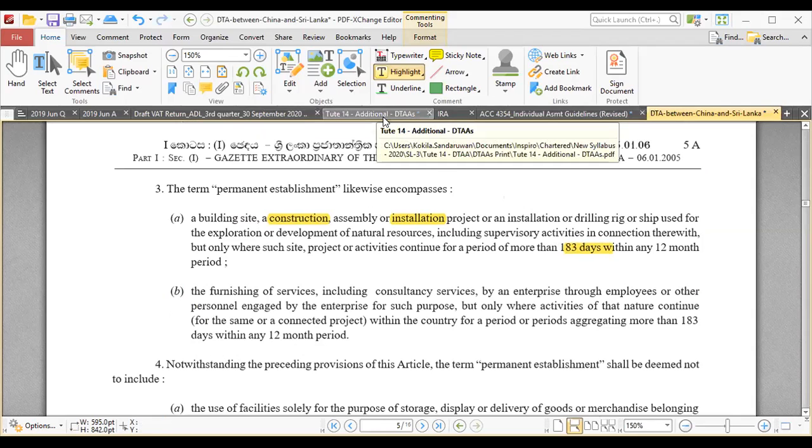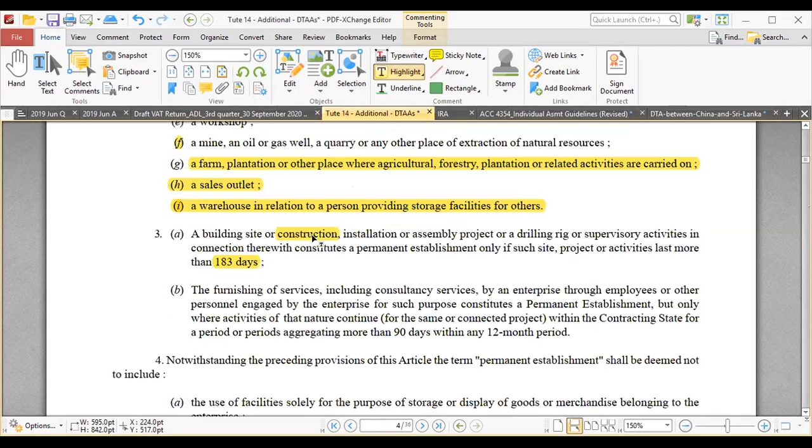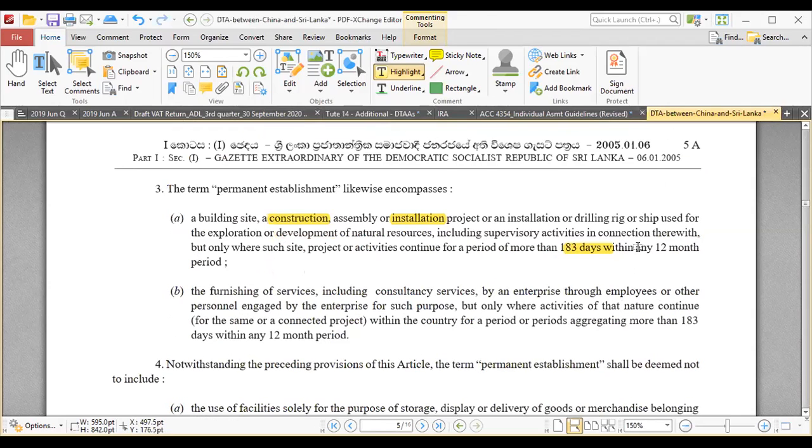The IRA we also discussed in the tutorial, right? It says at least 180 days. The China treaty says within any 12-month period. That is, it emphasizes any 12-month period. The India one just says 180 days.